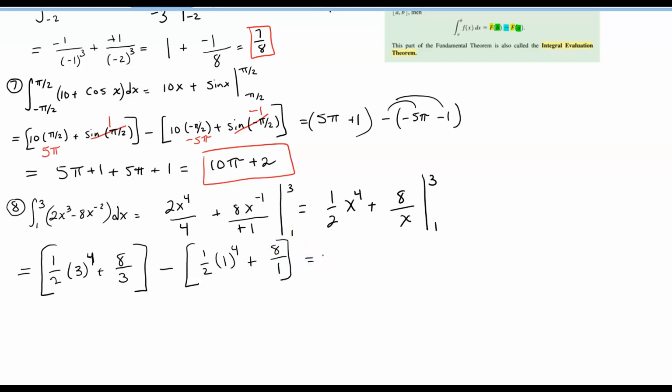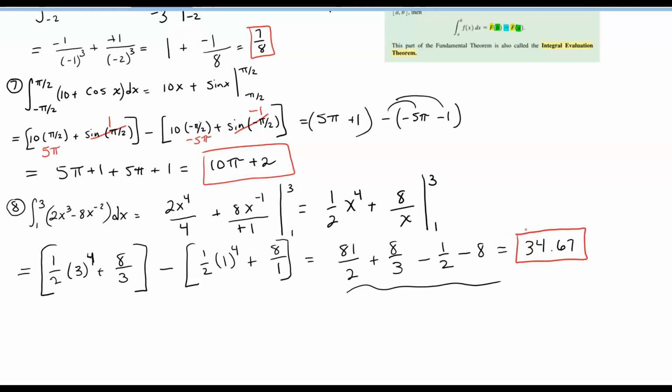So 3 to the 4th power is 81 over 2 plus 8 over 3 minus a 1/2 minus 8. Okay, and you can do all of this fancy stuff on the calculator. Nothing to it really. So I'm just going to tell you what the final answer here is. When you do these operations here, it's about 34.67. So that is the answer.